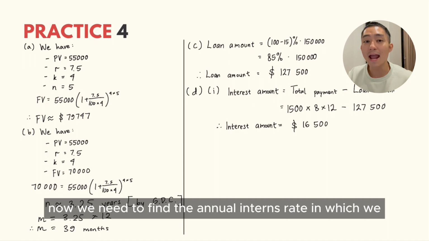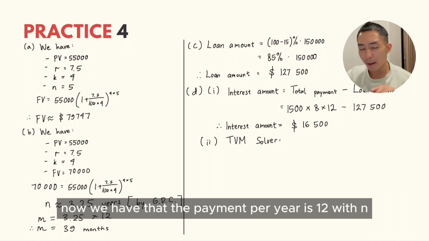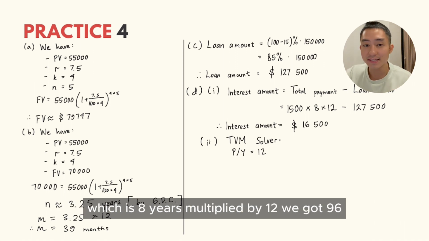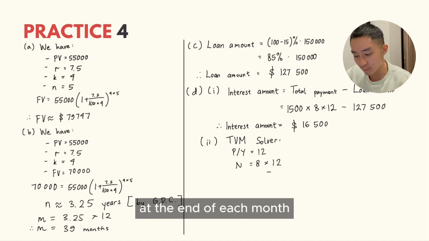Now we need to find the annual interest rate, for which we are going to use the TVM solver. We have that the payments per year is 12, with n, which is 8 years multiplied by 12, we get 96. The payment is monthly, 1,500 at the end of each month.